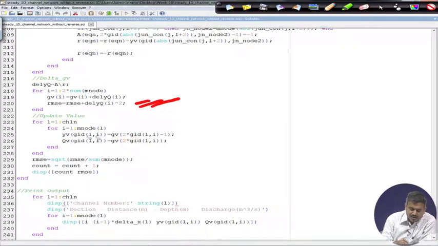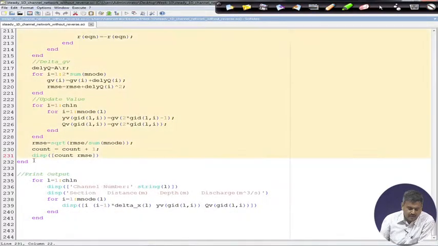From GV to YV and QV, this mapping we can directly use, and we can stop based on the convergence criterion.